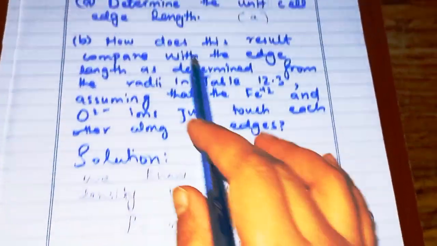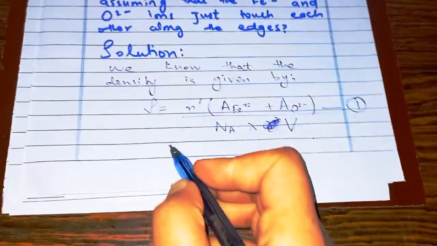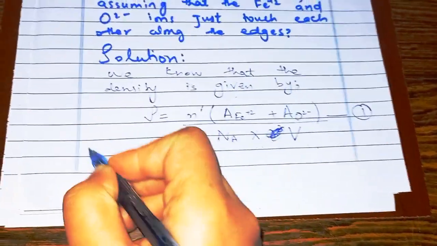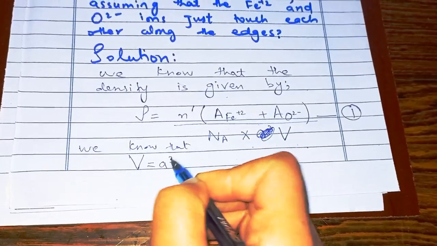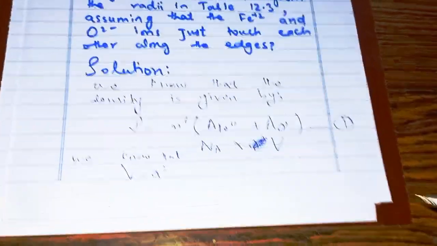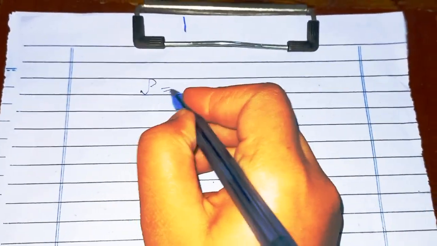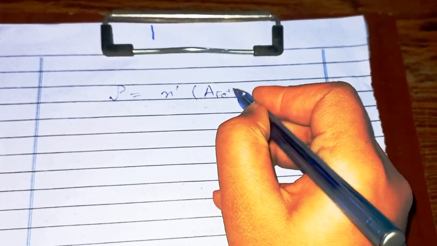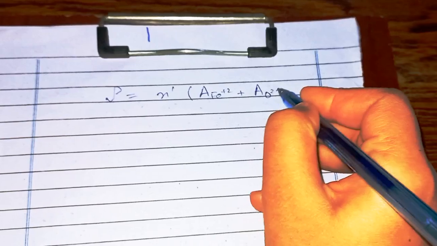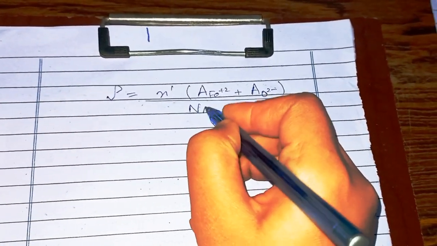Now, since we need to find out the lattice parameter, we can put the value of V in here. We know that V equals a cube. So let's put this value into this expression. It's rho equals n prime into the atomic mass of ferrous plus the atomic mass of oxygen ion divided by Avogadro's number into a cube.